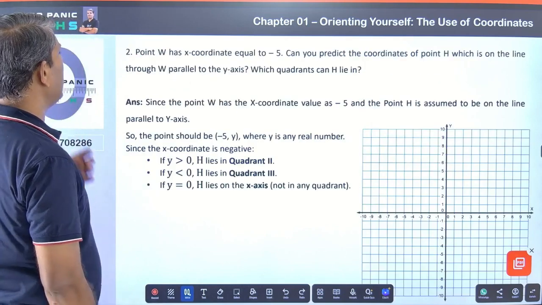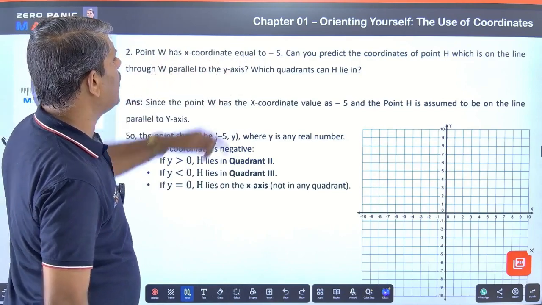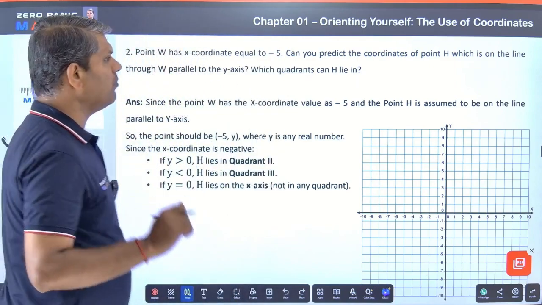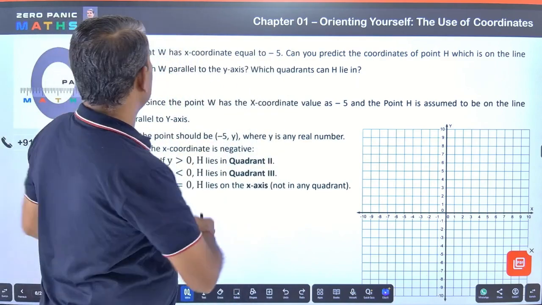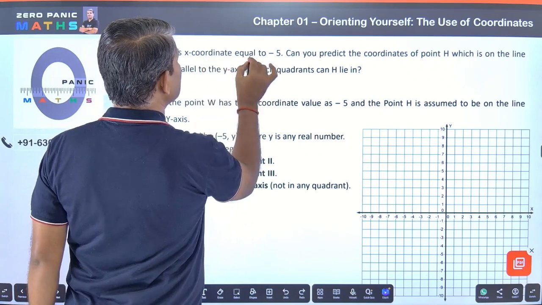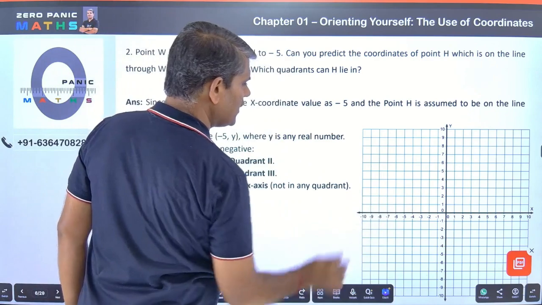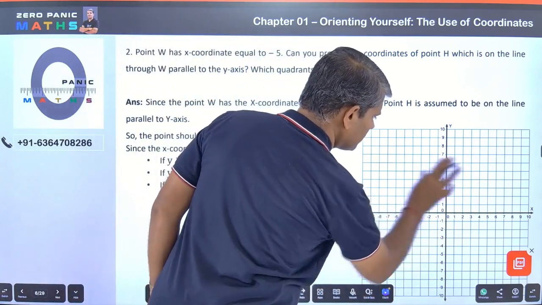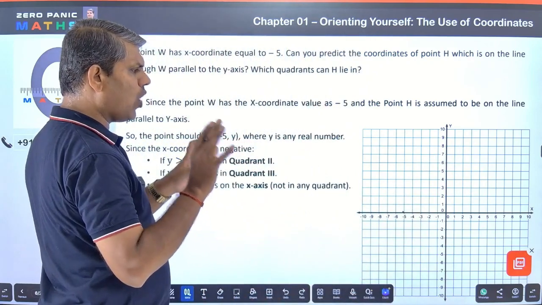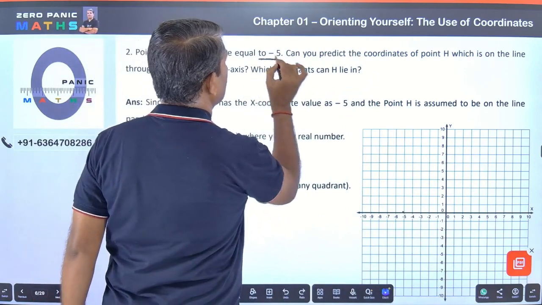The next question says the point W has x coordinate equal to minus 5. Listen to me carefully, this is very important and very interesting also. Assume this is the graph, and we are pointing out one coordinate point W whose x coordinate is minus 5.